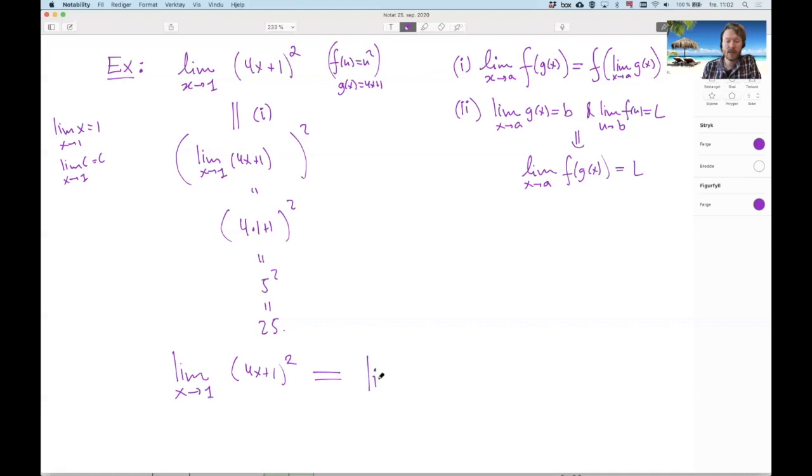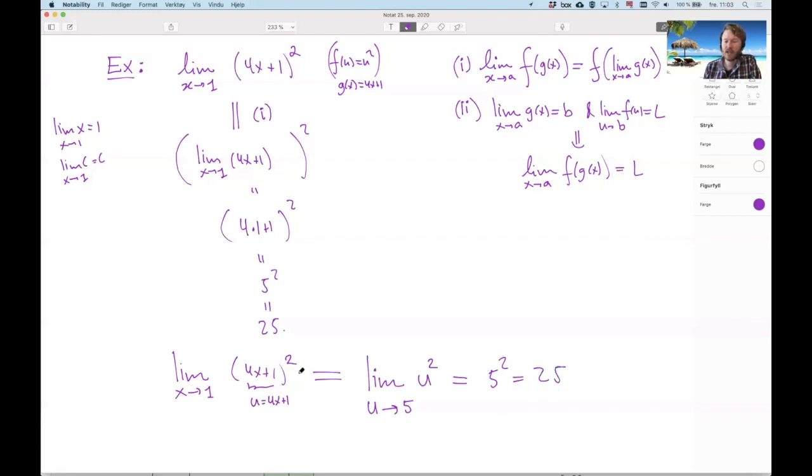So what I do is I can write here the limit, and now I pass to u tending towards something, and I write here that all of this is my u. And it's clear that if x tends towards 1, u will tend toward 5. So I can do this, and then I can do u squared like this. And now this becomes 5 squared, equal to 25.